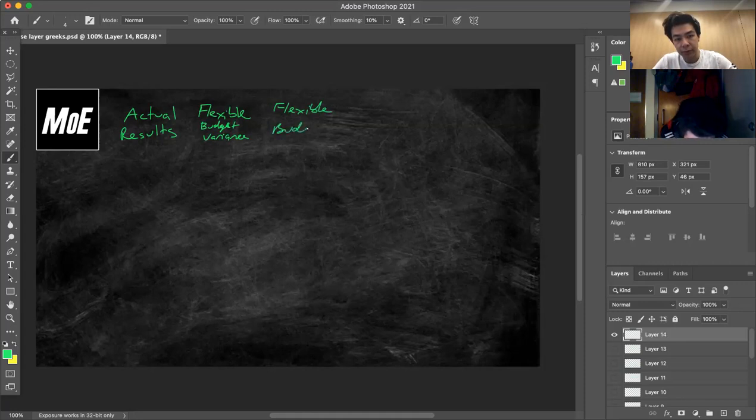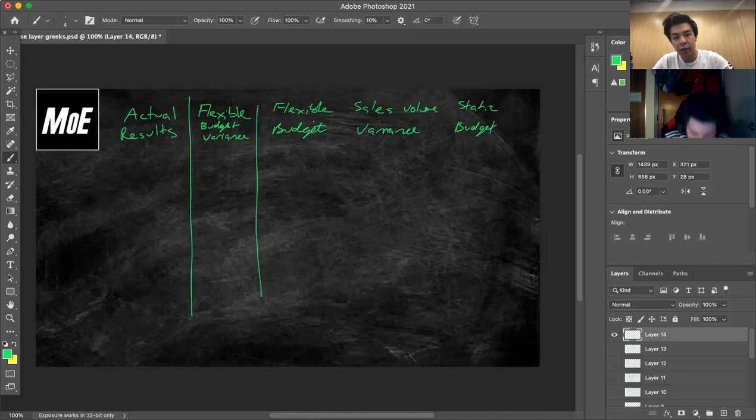The one over here is going to be sales volume variance. And the one over here is going to be static budget amounts, or I usually just put static budget, that's fine. And then I like to put a line between each one. I'm just doing that as we go.